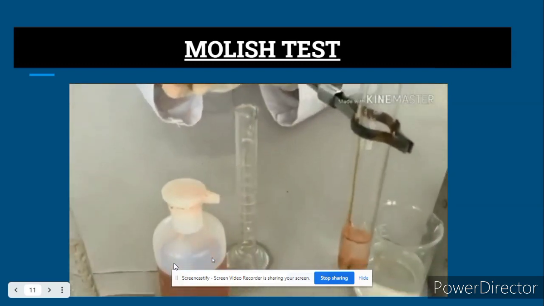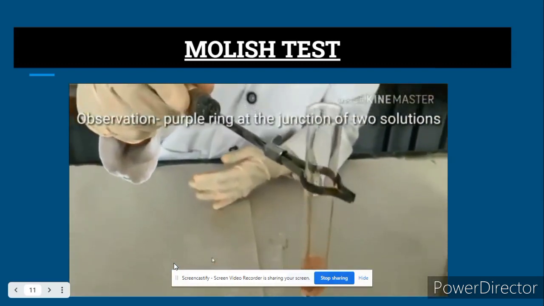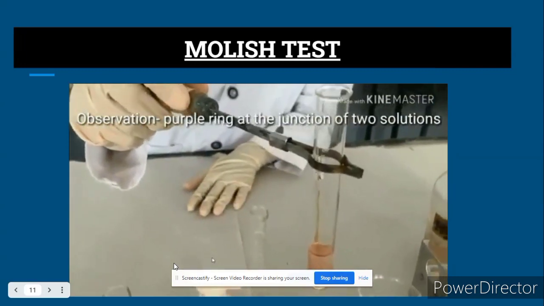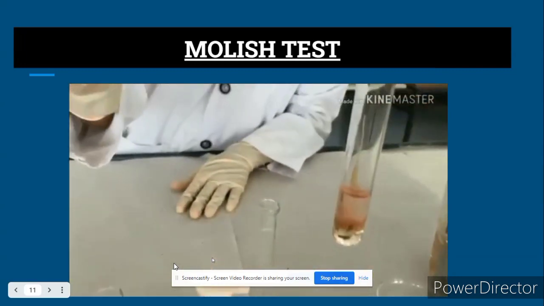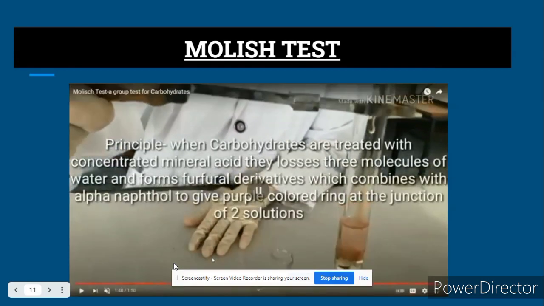There is a formation of a purple violet ring at the junction of the two liquids. This indicates that carbohydrates, when treated with concentrated acid, lose two molecules of water and form furfural derivatives, which combine with alpha naphthol to give a purple colored ring at the junction of the two solutions.